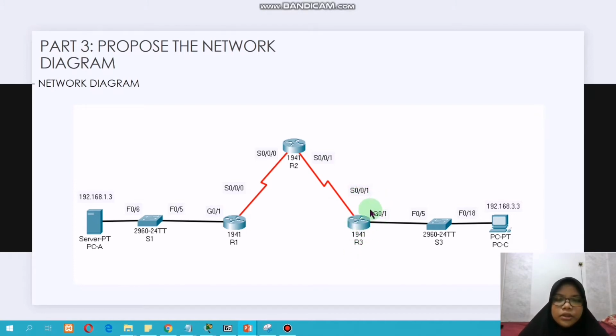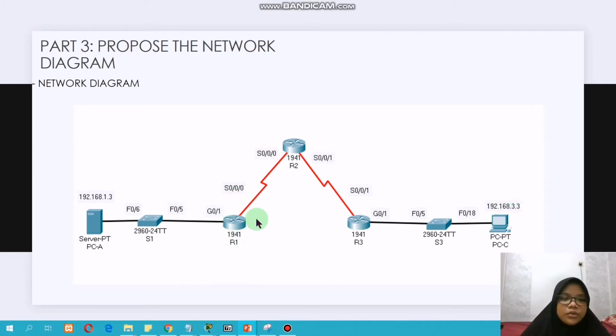For router 3 to switch 3, I'm going to use gigabit Ethernet 0/1 to fast Ethernet 0/5. For switch 3 to PCC, I'm going to use F0/18, and the IP address for PCC is 192.168.3.3.